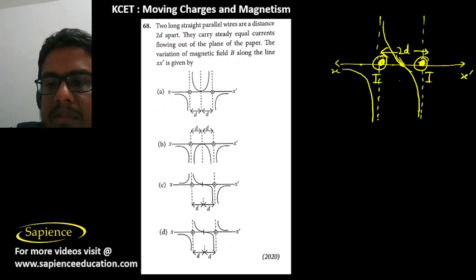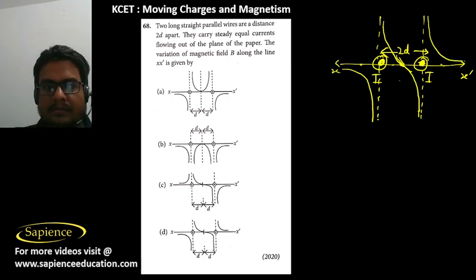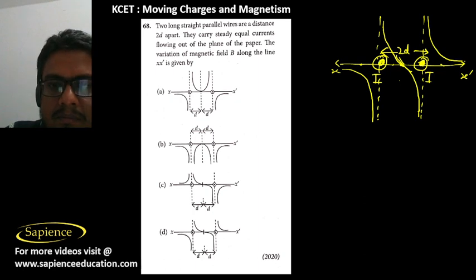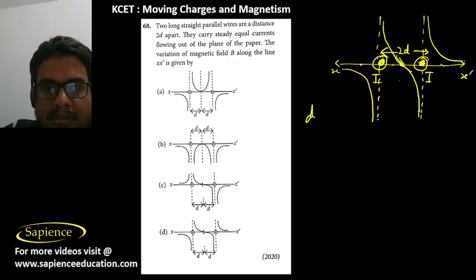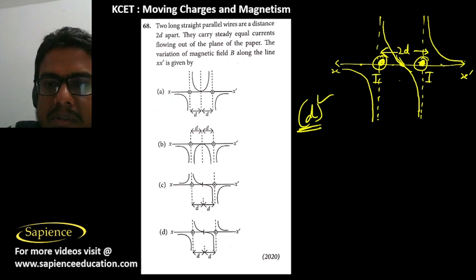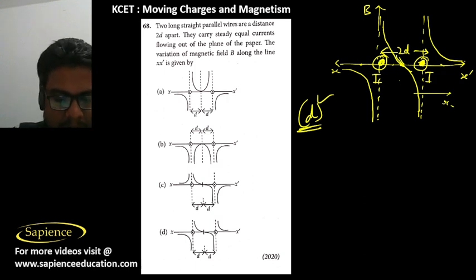And at some point here the net field will be upwards, so it will be like this. So it will be downwards, and here it will be upwards. Okay, so option D is the correct answer. Option D shows the correct graph. It shows the variation of the magnetic field with R.